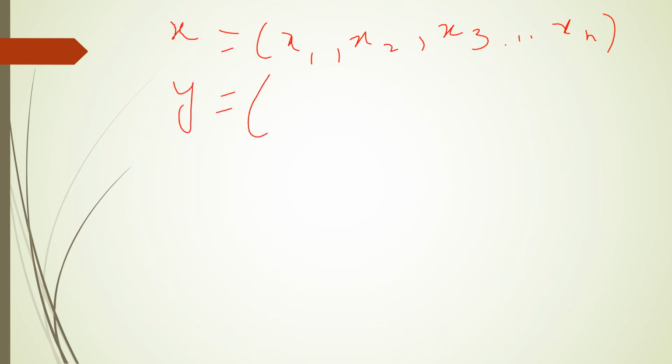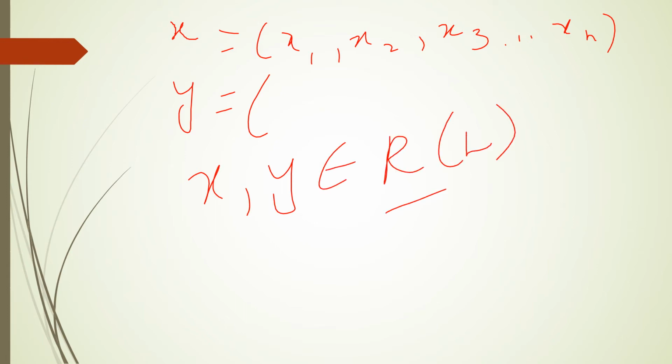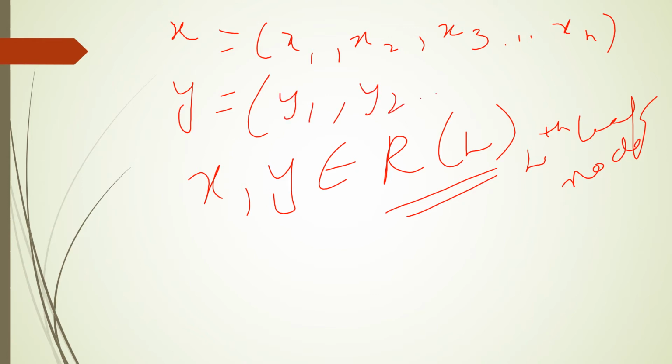We decide that x and y belong to region R of L, both reaching leaf node L. And y is y1, y2, up to yn, and this y is a permutation of x.